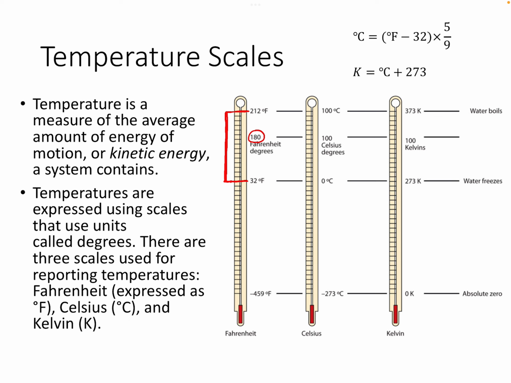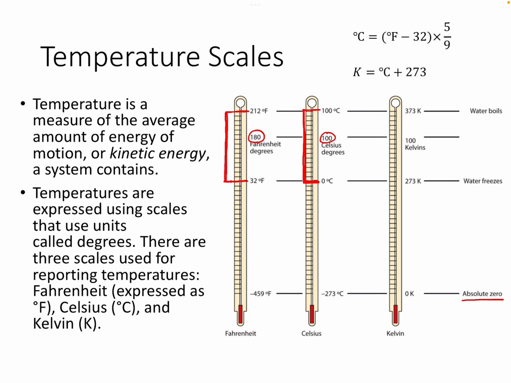Now let's look at Celsius. So the freezing point of water in Celsius is 0. Much easier to remember. And the boiling point is 100. Also much easier to remember. And the difference between those 2 values is 100 degrees. Now for Kelvin, again, all of the values are positive. So this is based off of something called absolute zero.